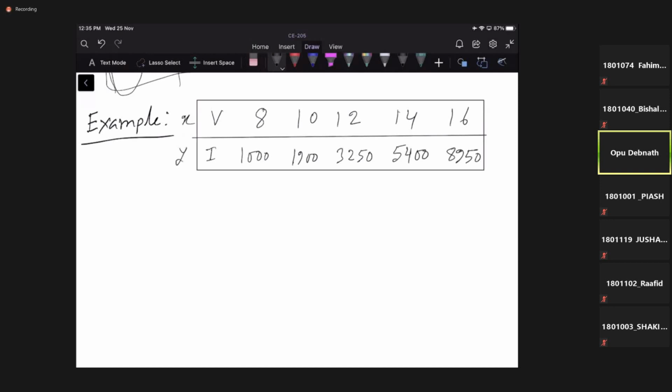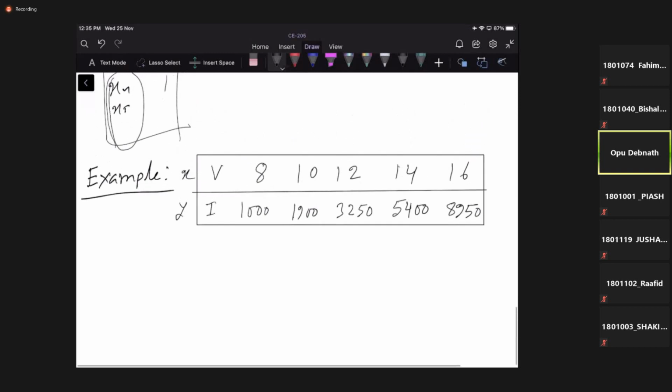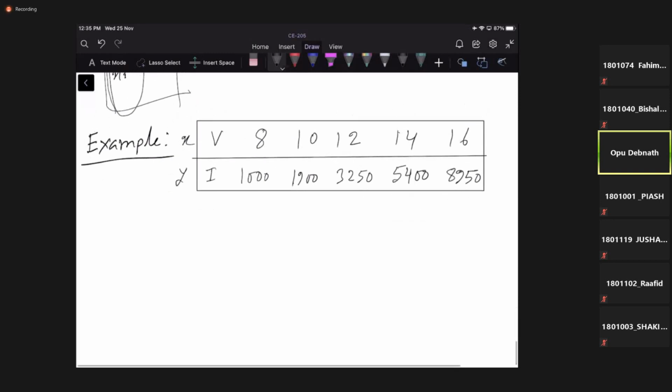But if I give you an unequal interval or other types of problems, you need to know which one is the dependent variable and which is the independent variable, so that you can easily identify the x and y.